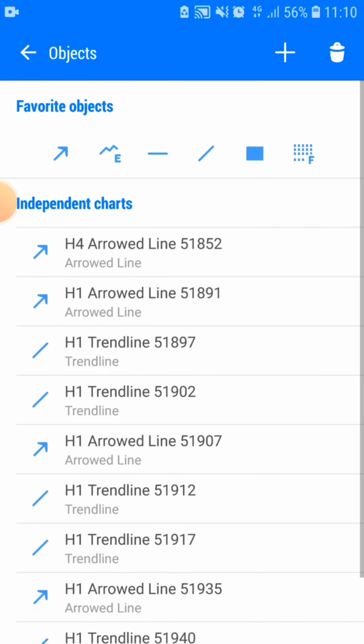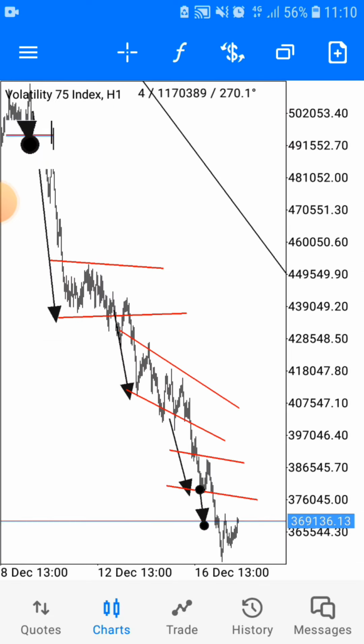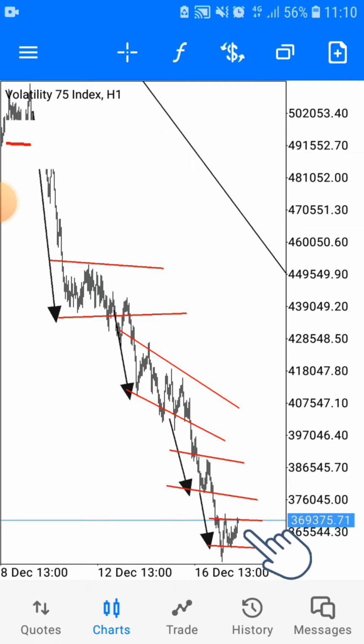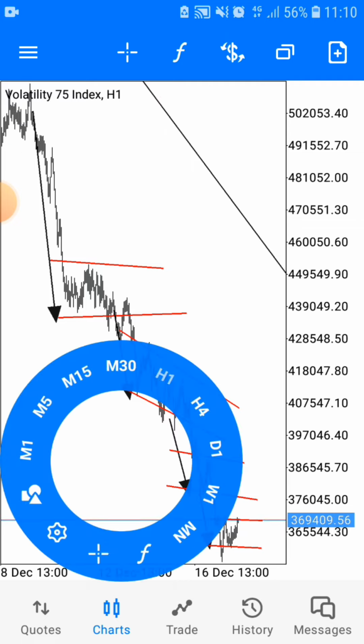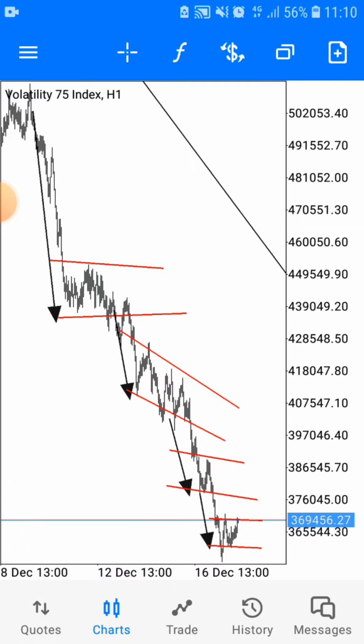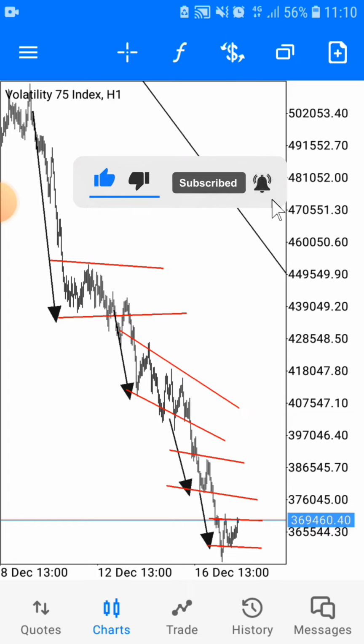Then again we have an impulsive phase right here, then comes a correction, as it can be seen right here. So judging by how the market moves, impulse and correction, it makes it almost easy to know the next market move, what it might be, right?